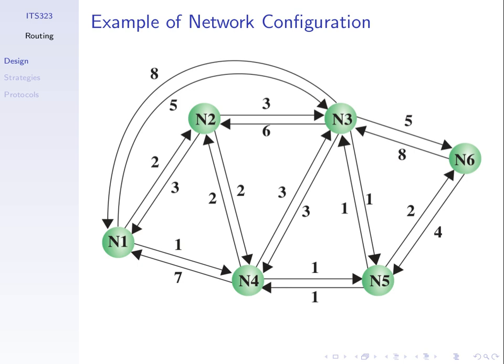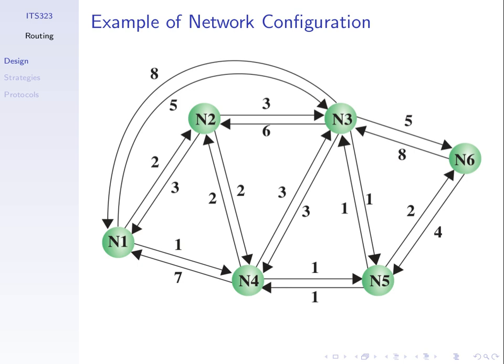It could represent a financial cost of using that link, or a delay of using that link. It takes 1 millisecond to send a packet from 1 to 4, as an example, and 7 to send it back. But we've assigned some cost to links, and we'll use least cost routing. To choose a path from one node to another, choose the path with the least cost, where the cost of a path is the sum of the cost of the links on that path.